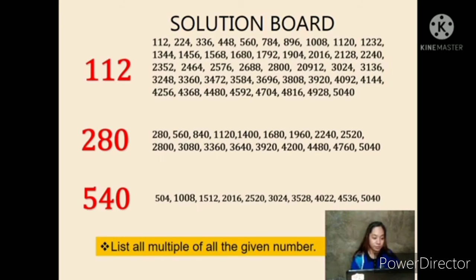So, mistake po, ito po ay 504. So, 504, 1008, 1512, 2016, 2520, 3024, and so on.